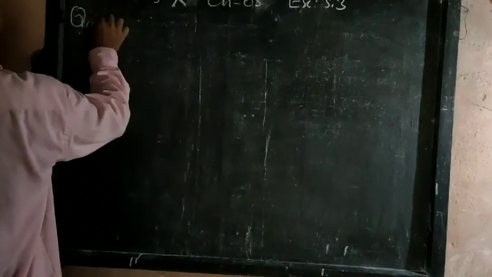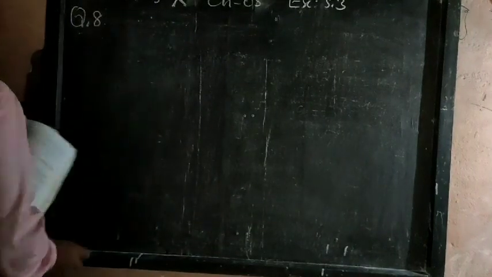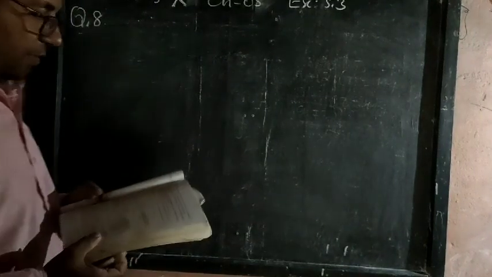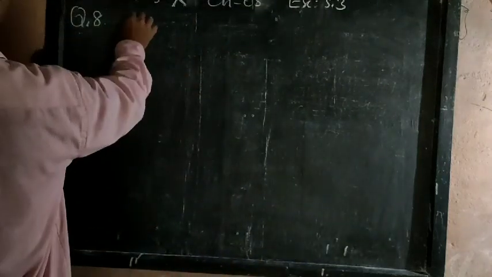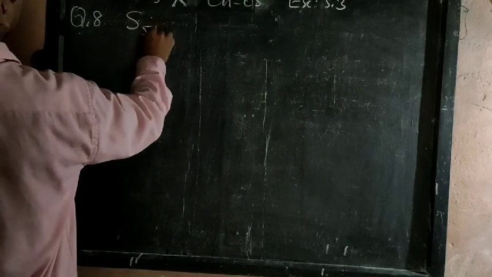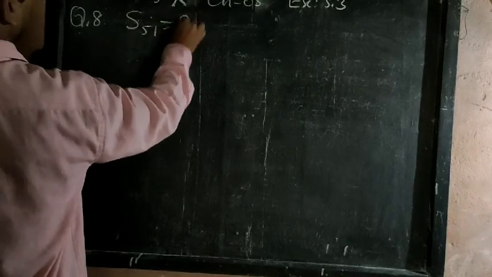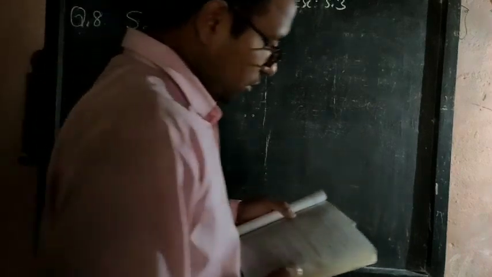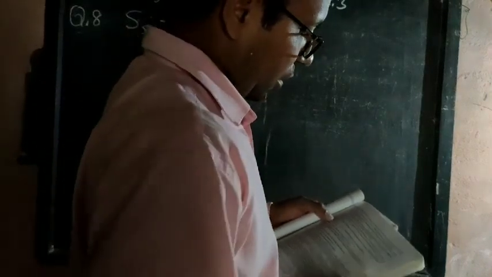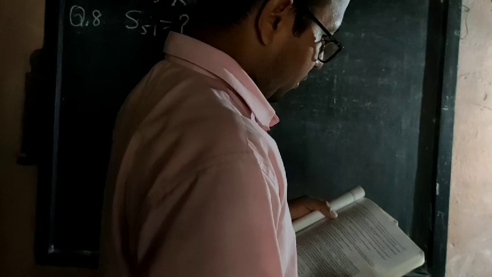Now students, let's see question number 8. It says: find the sum of first 51 terms of an AP. That means we have to find S51, which is equal to question mark. After that, whose second term and third term are 14 and 18 respectively.